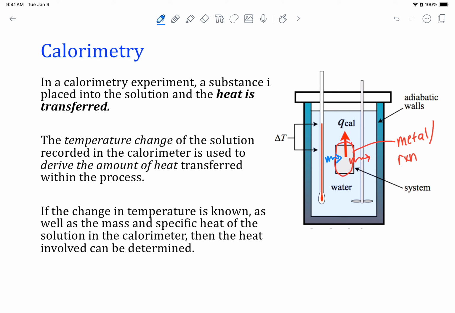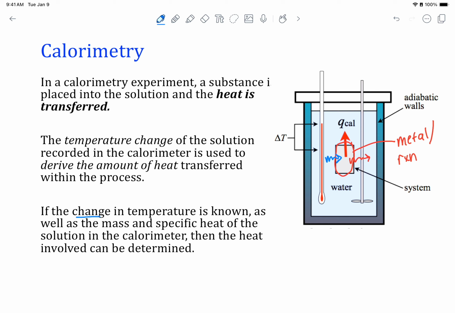The temperature change of that solution is recorded, like we were talking about on the previous slide. That temperature change is recorded in the calorimeter, and that temperature change and the mass can be used to derive the amount of heat transferred in that process. So here's where we can use those values.